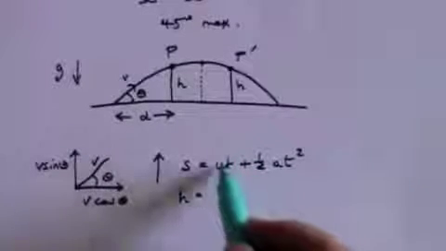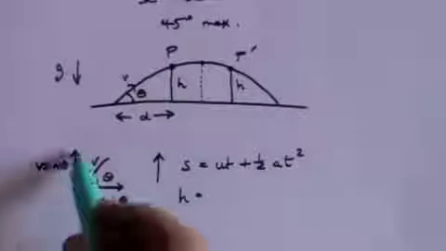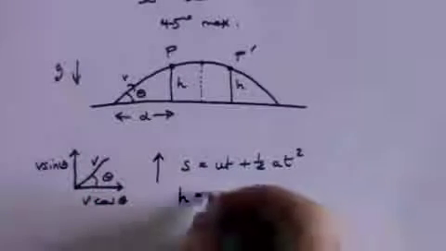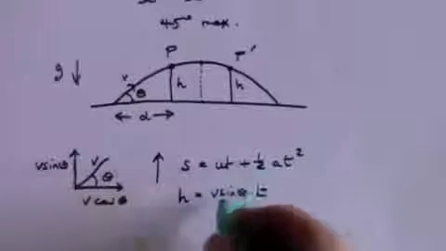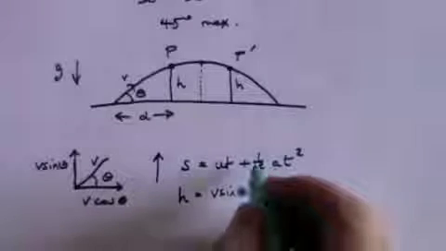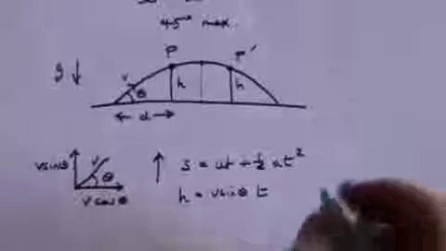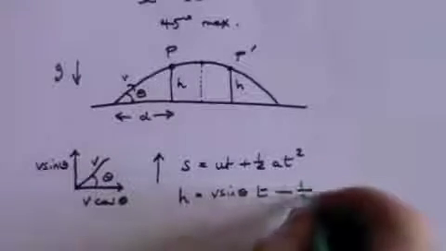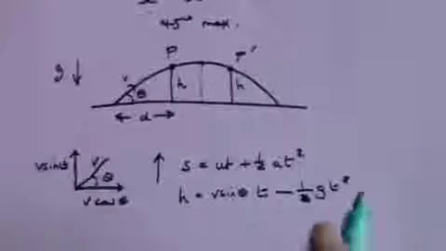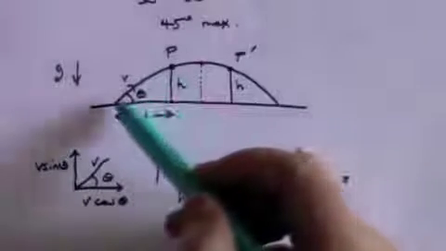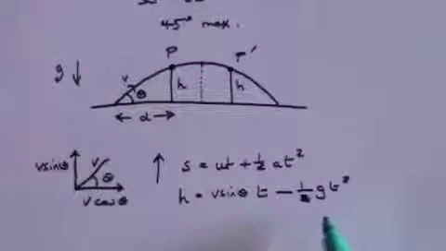What is u? Well, that is the initial velocity in the vertical direction, so it's the vertical component, which is v sine theta, times t. So that's ut, v sine theta times t. And then it's plus half at squared. Well, a is going to be gravity, which is acting downwards, so now we say it's minus a half gt squared. T, of course, is the time it takes for the ball to get to the position P. That's what t is.